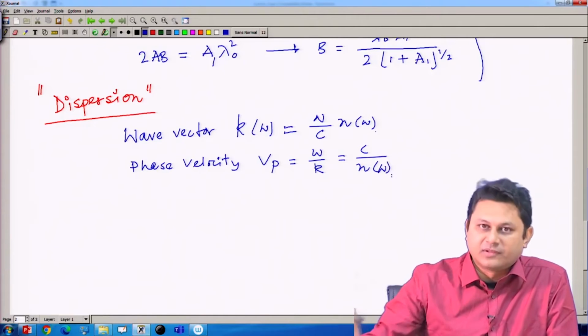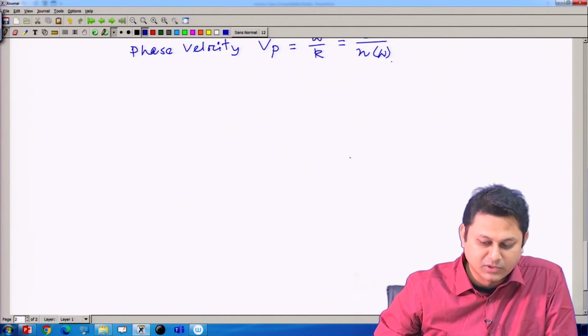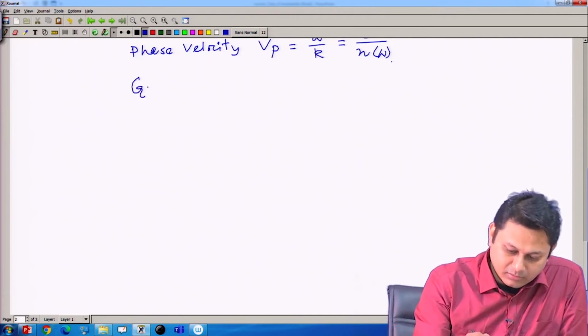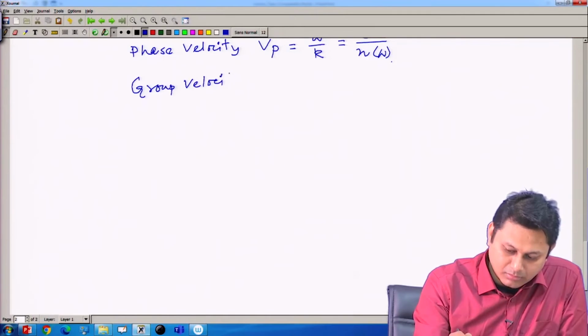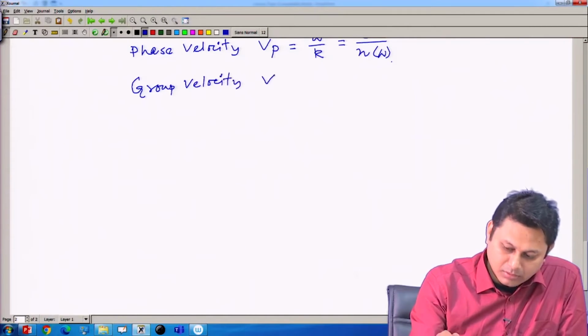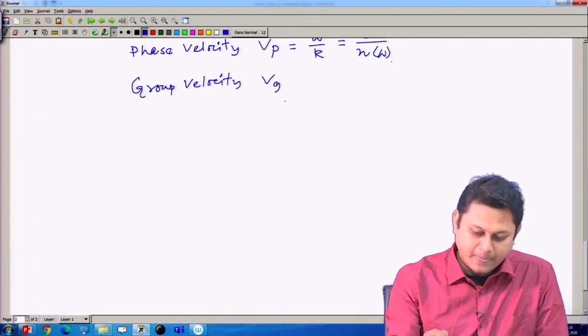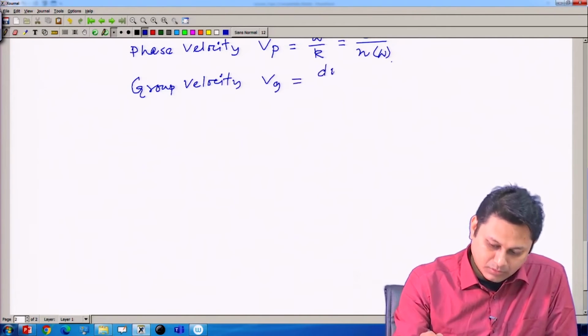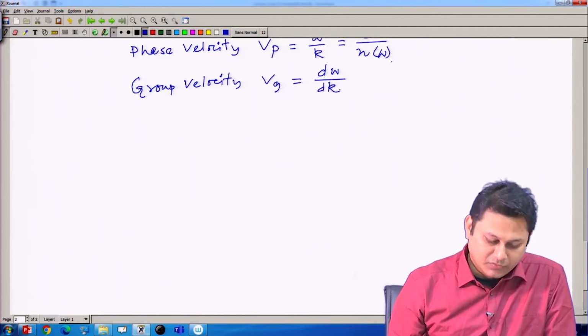That is the expression of the phase velocity, that we know, this is nothing new. Now, what is group velocity? This is Vg equal to d omega dk, that is by definition our group velocity.